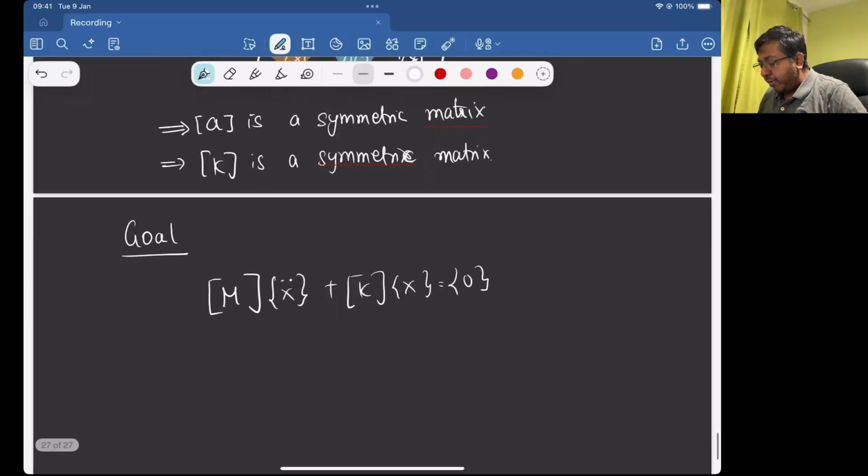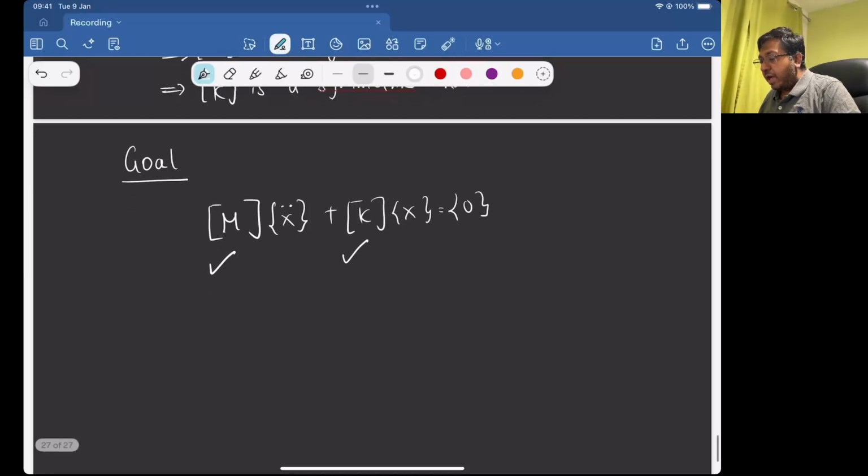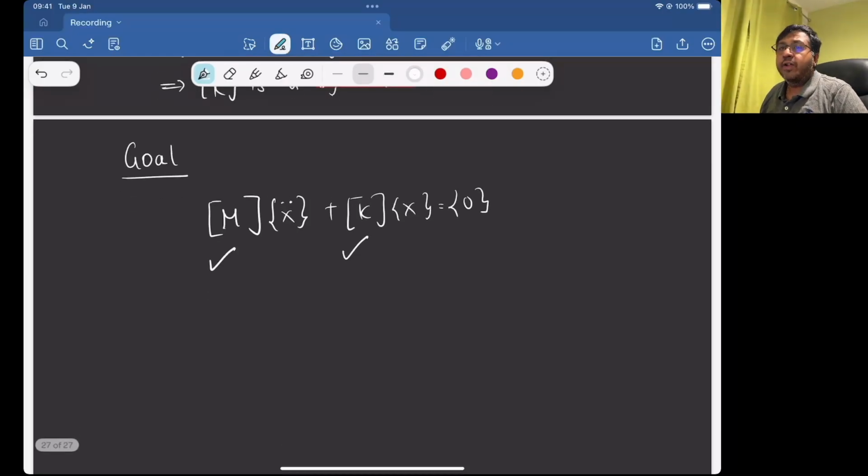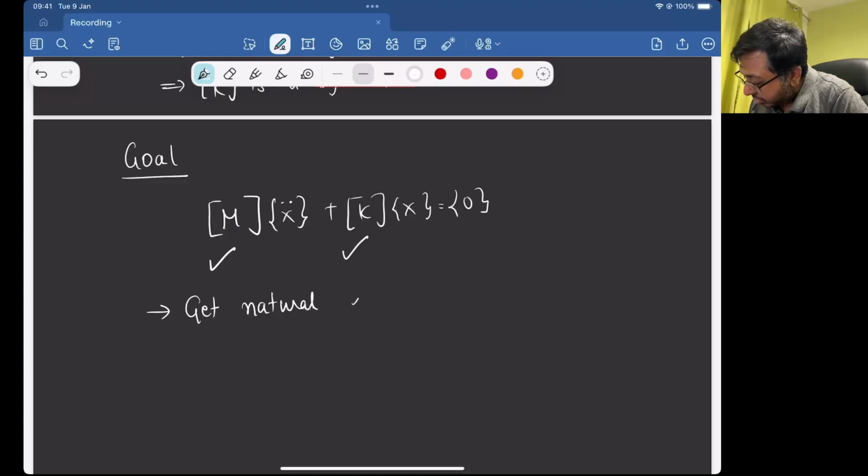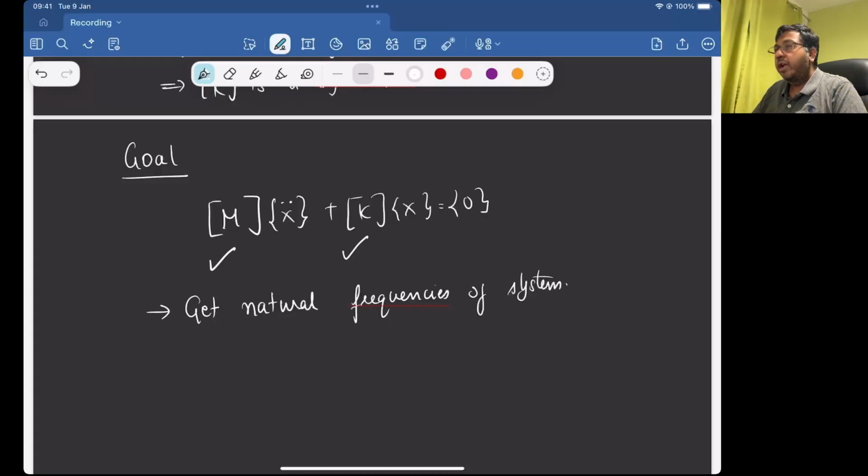We have been able to get our mass matrix and our stiffness matrix, and from here we should be able to reach our goal of getting the natural frequencies of the system. Okay, so let's stop here and we'll pick up from here in the next lecture.